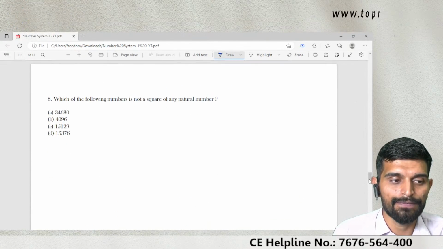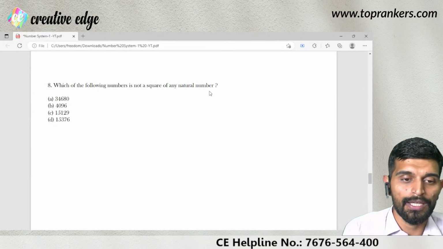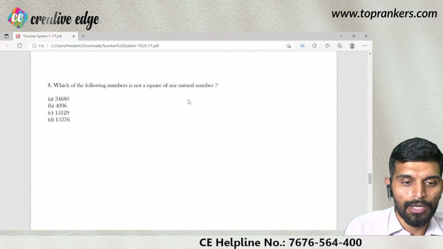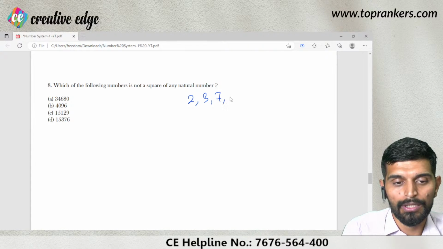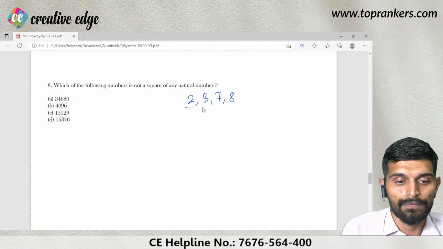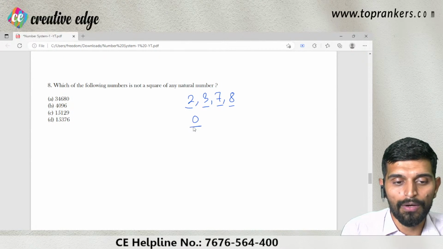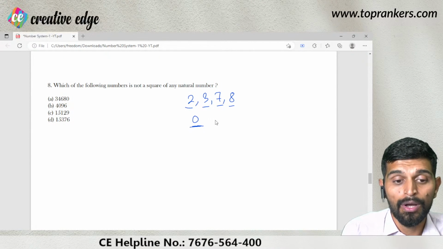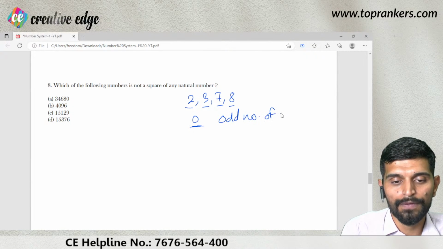Next we have, which of the following is not a square of any natural number? So square of any natural number does not end with any of these digits as unit digit. Also, square of any number does not end with odd number of zeros.